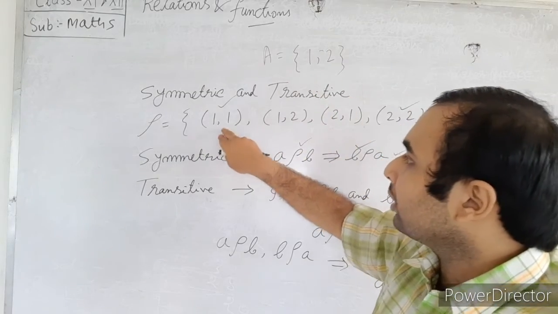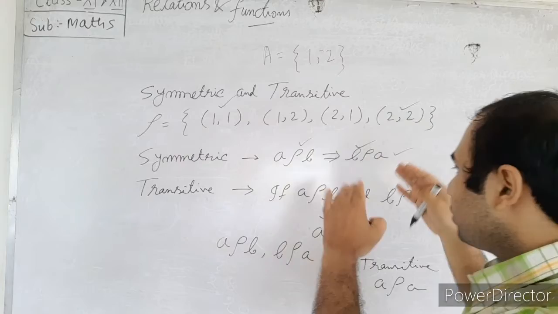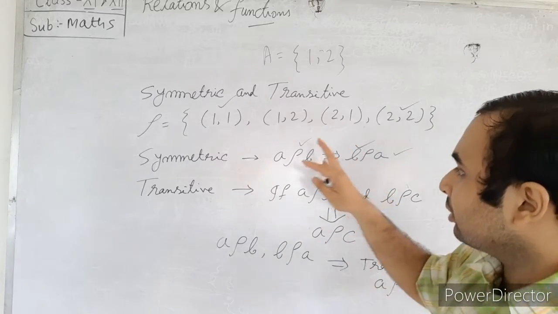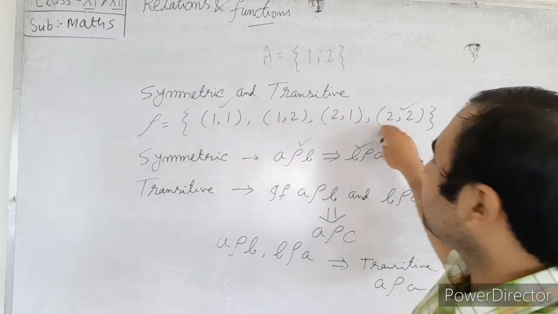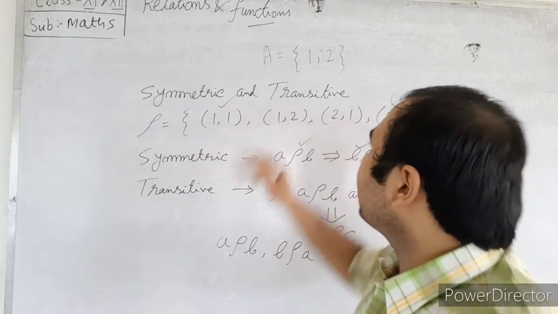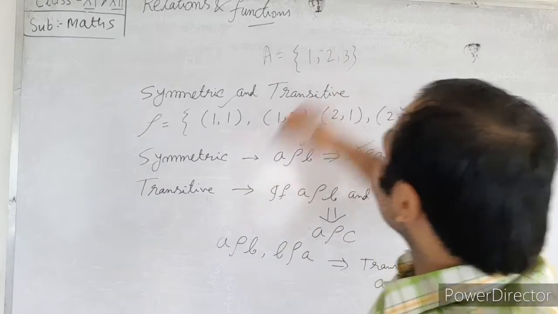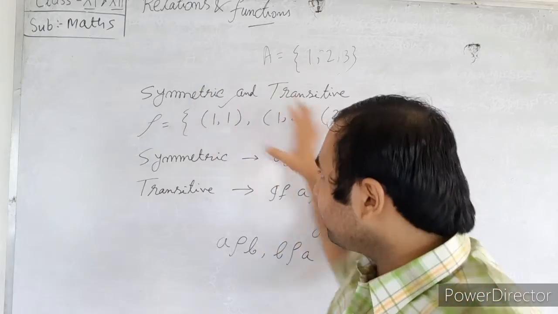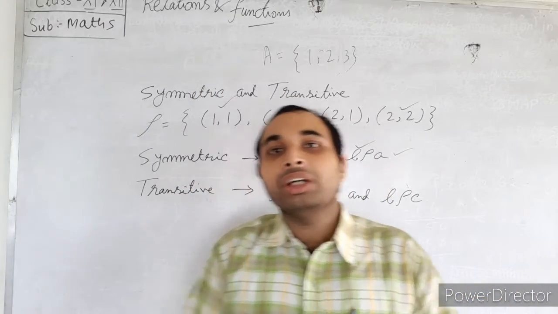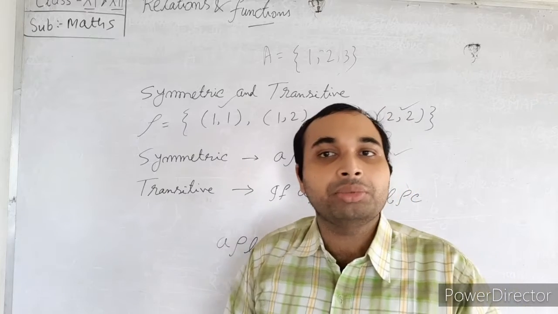But that reflexive part is coming through other elements. Here it is satisfying, (1,1) is there, (2,2) is there. But if I take another element in this set, from here we cannot conclude that whenever one relation is symmetric and transitive, it will be reflexive.